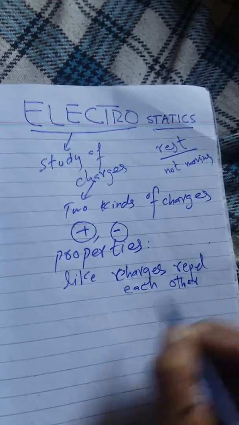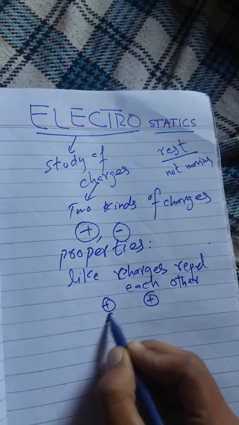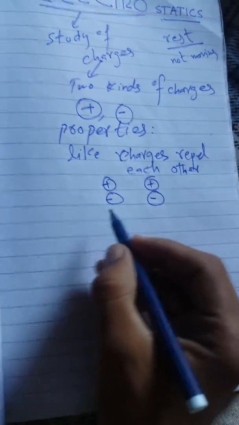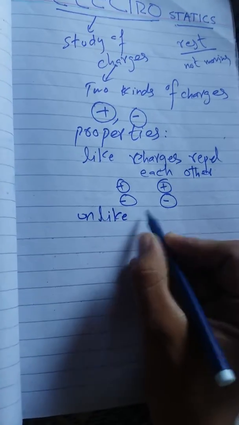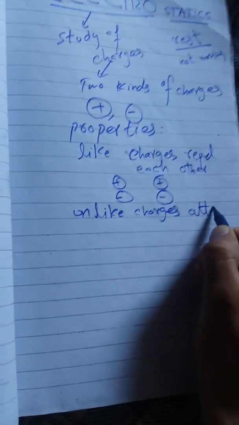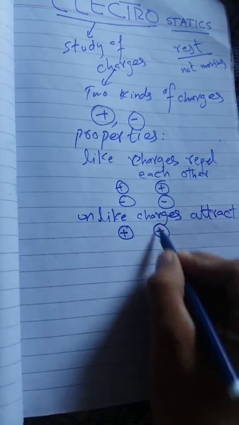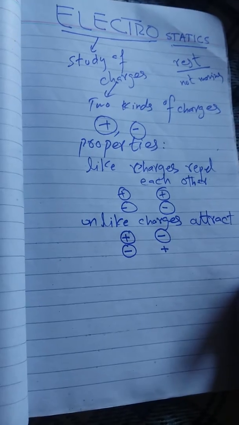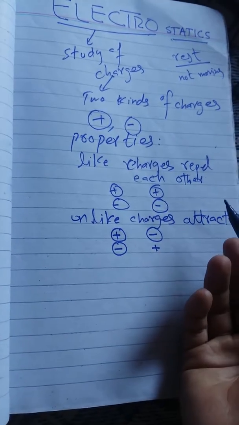It means that the same charges, either positive will repel each other or negative will repel each other. And unlike charges attract each other, as positive attracts negative and negative attracts positive. These are the properties of charges: like charges repel each other and unlike charges attract each other.